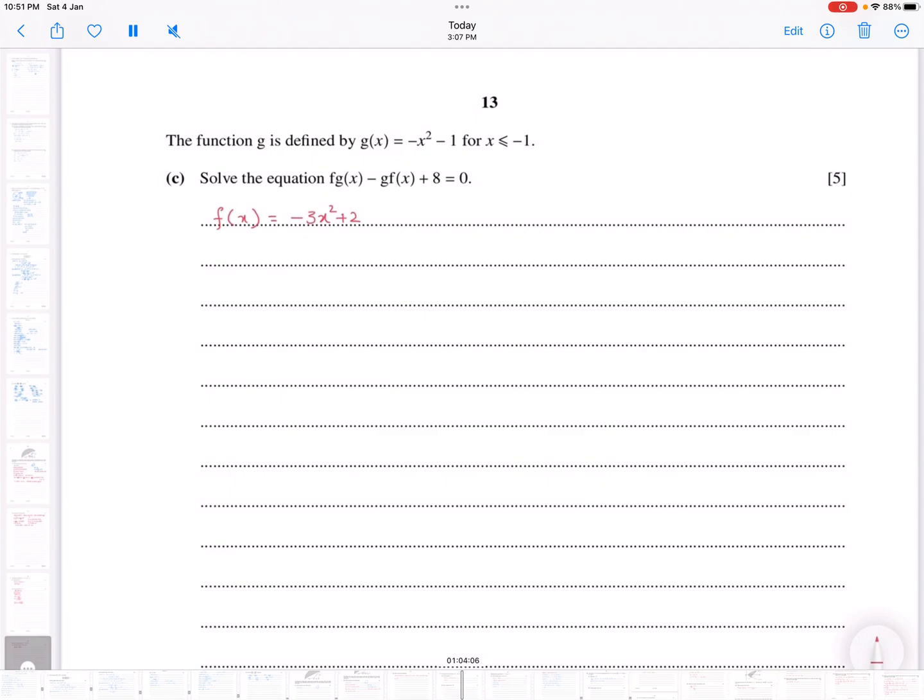You have to write g of x, which is minus x squared minus 1, into the function f where you see x. So you write minus 3, and in place of x squared, you have to write the whole g of x.